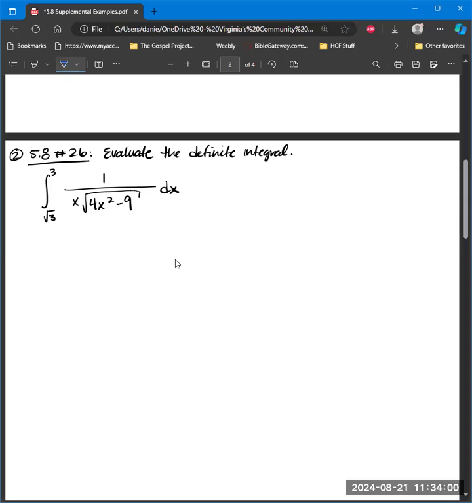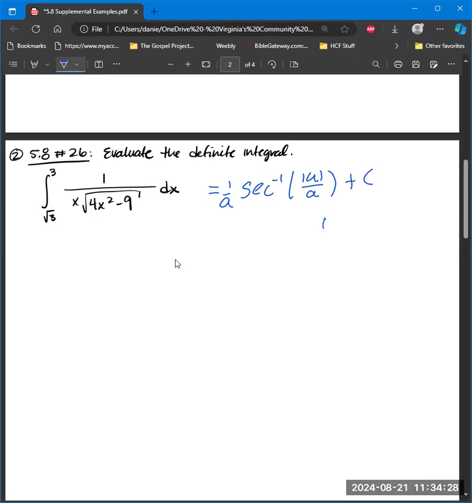So this is going to have to be an arcsecant problem, where this is going to be the arcsecant of the absolute value of u over a, plus c.